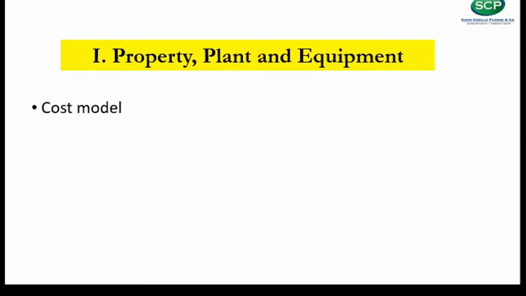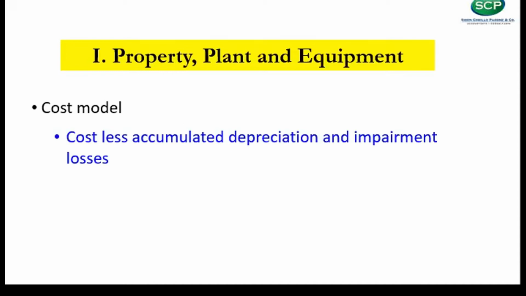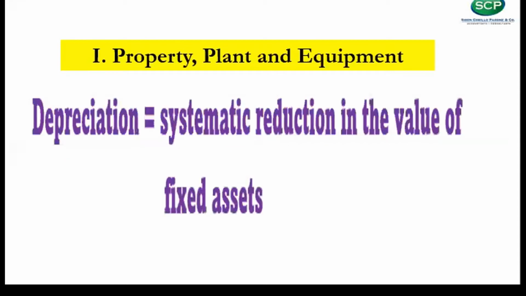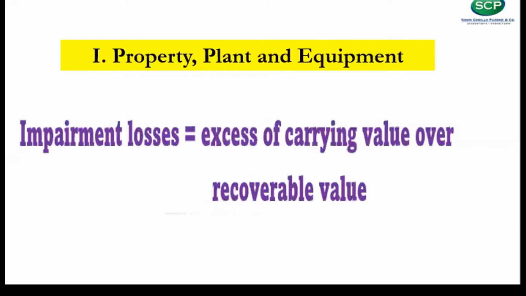Under the cost model, fixed assets are carried at cost less accumulated depreciation and impairment losses. Depreciation is a systematic reduction in the value of the fixed assets based on their estimated useful lives due to their use and wear and tear. Impairment losses, on the other hand, pertain to the excess of the carrying value of the fixed assets over their recoverable value.